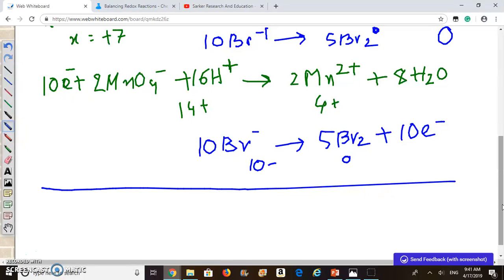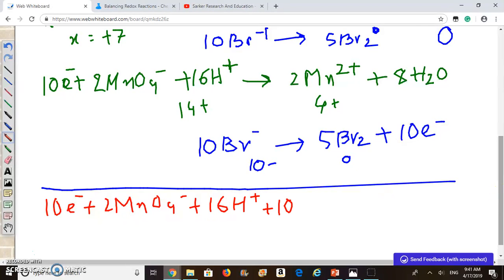Let us do it. I am doing it in red because these are all mixed. So all the things on the left hand side are getting added on the left hand side, and all the things on the right hand side are getting added on the right hand side.